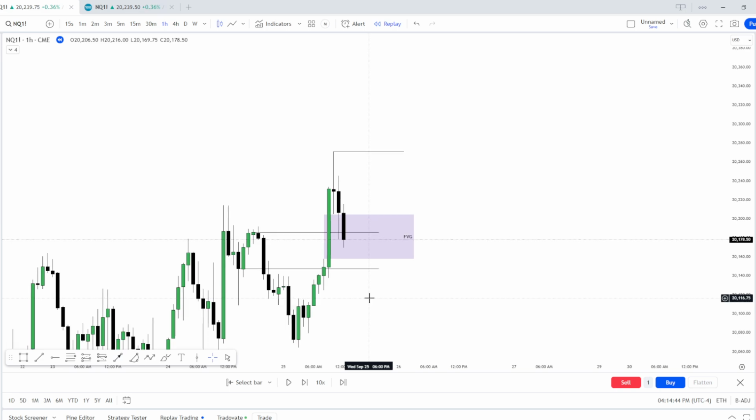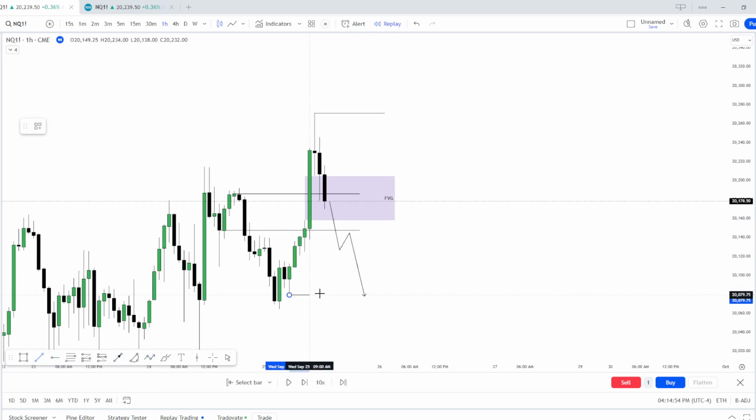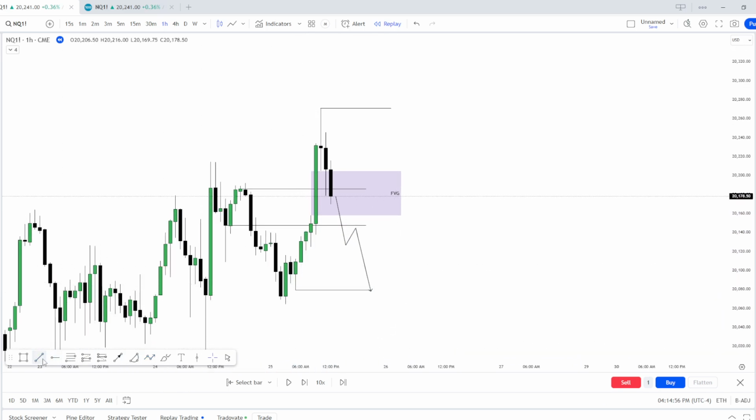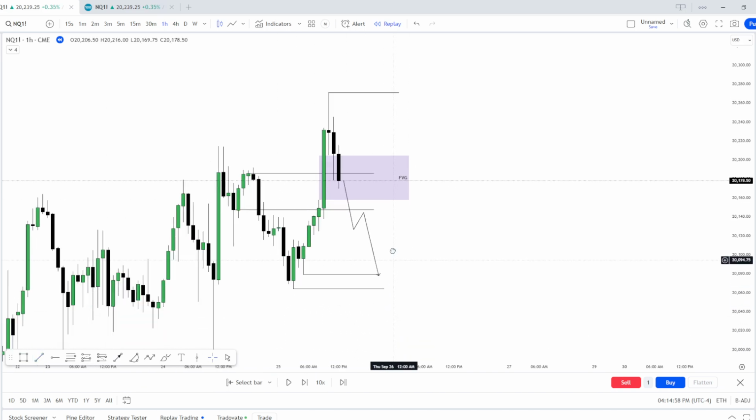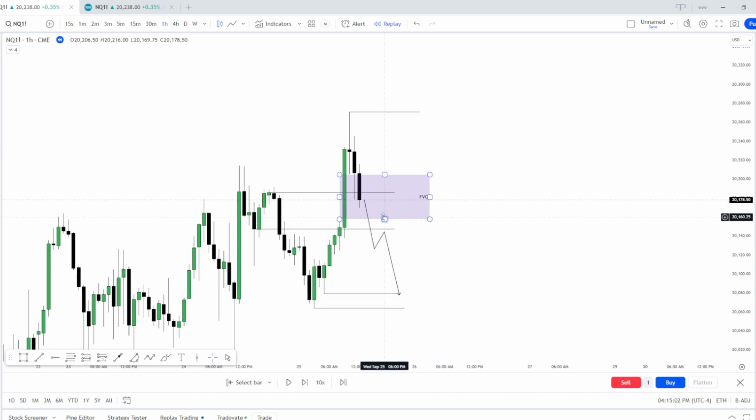If I was looking at the market from this standpoint, I would expect that if we disrespect this 1 hour fair value gap, we can possibly come for lower prices, or maybe target this low down here, or maybe even this low down here. Either one, doesn't matter. I'm not looking to aim that far, I'm not looking to predict that far. What I'm trying to see is, currently in the moment, what is being respected and what is being disrespected.